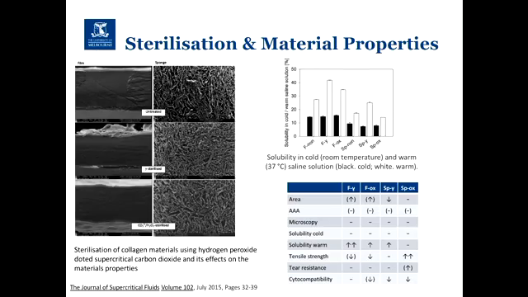Both of those will change the chemical structure. Ethylene oxide might, but this one was comparing the sterilisation of gamma irradiation. So while I said you shouldn't use it because it'll change the properties, gamma radiation is probably the best one, even though it will change the properties for collagen.